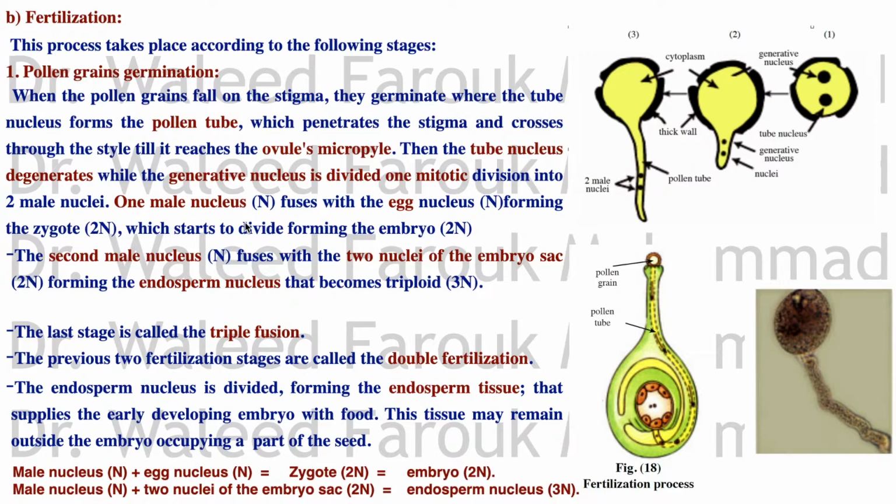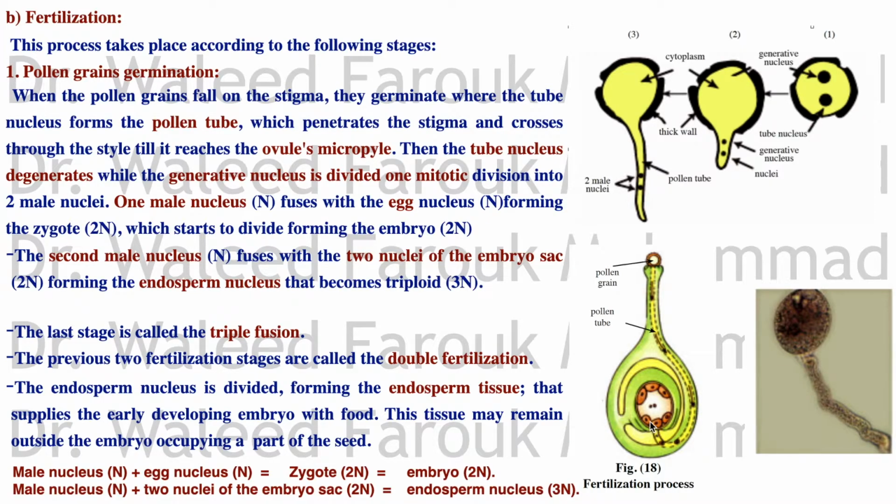The tube nucleus forms the pollen tube, which penetrates the stigma and crosses through the style till it reaches the ovule's micropyle. So see all this distance, the tube formed by the nucleus. Okay, this tube penetrates the stigma, penetrates the style, and goes all the way to the micropyle to fertilize the egg.